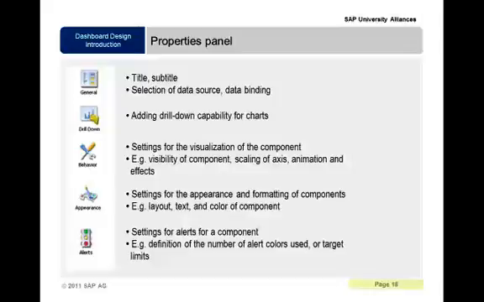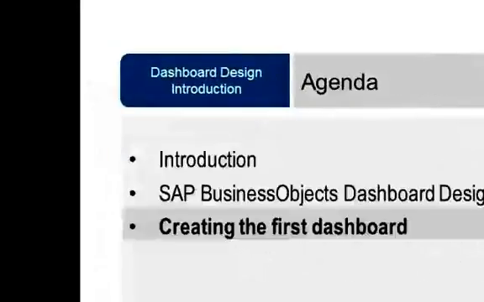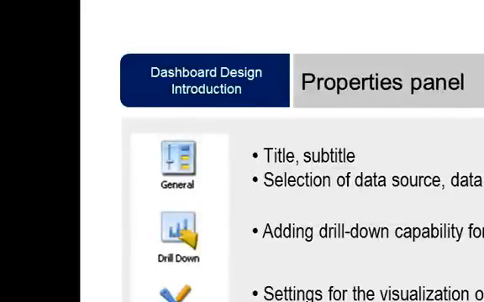And then after we include any component in our dashboard, we can then set the properties of those components. Okay, so it's kind of like Visual Basic or other visually oriented languages that some of you might have used before.